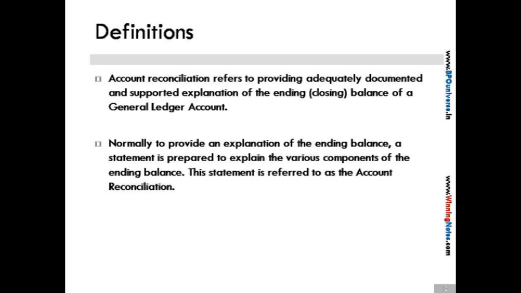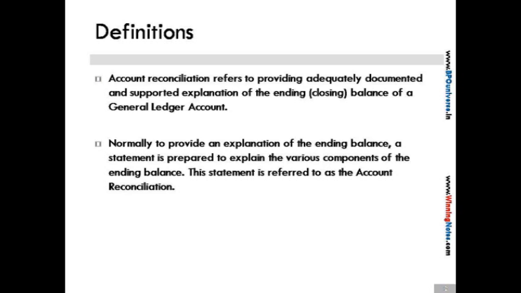Now, how do we know that the entries which have occurred in that account throughout the year are correct? To ensure that, you need to have them verified with independent documents.